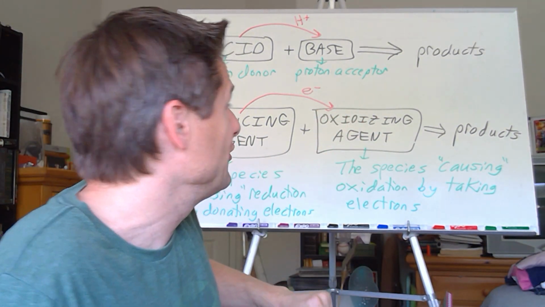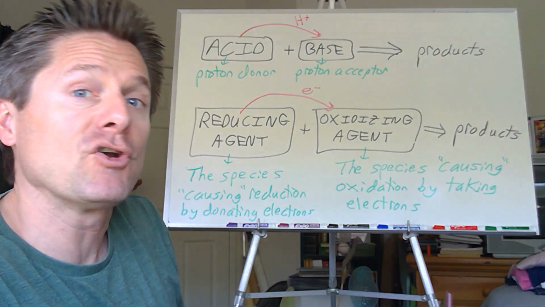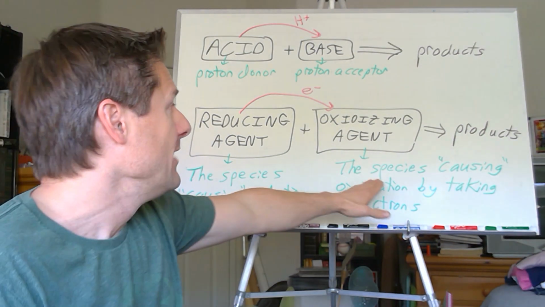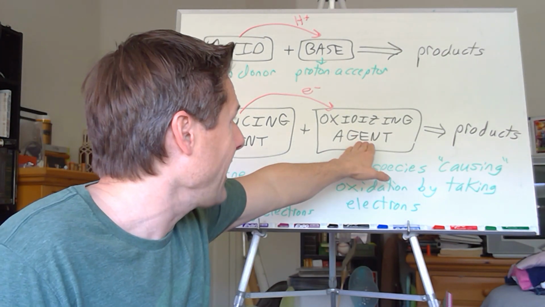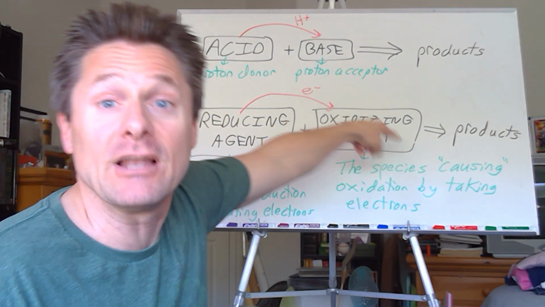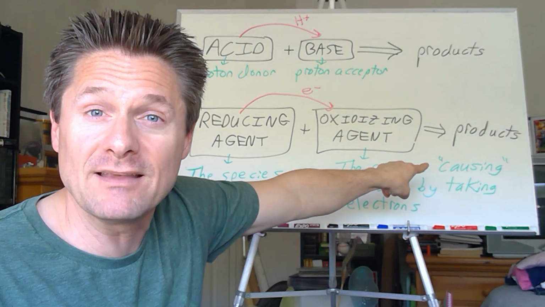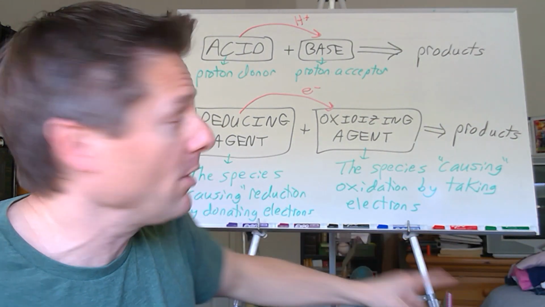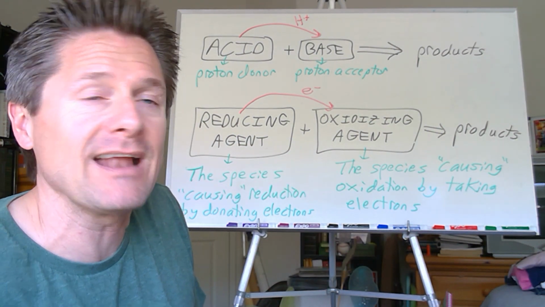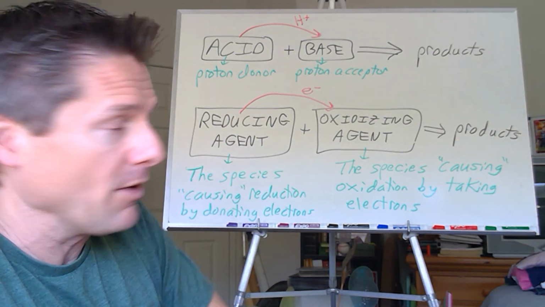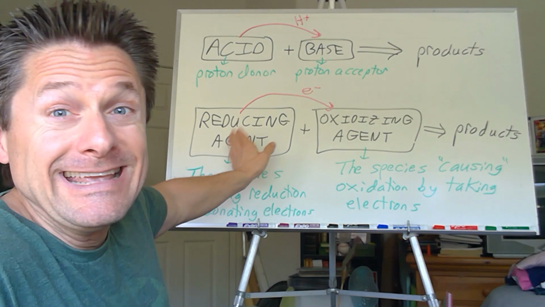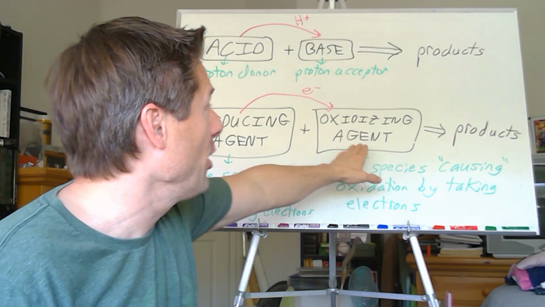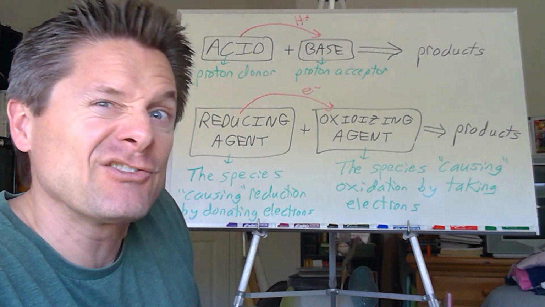The oxidizing agent you can think of as an electron acceptor or electron taker. This is the species that causes oxidation. If an oxidizing agent takes an electron away from another species, it takes away a negative particle and causes that species to be oxidized. So this is where it gets weird. The element in the reducing agent gets oxidized. The element in the oxidizing agent gets reduced.